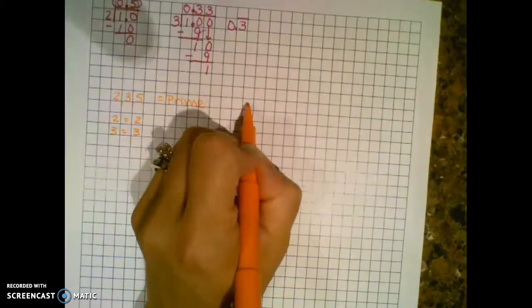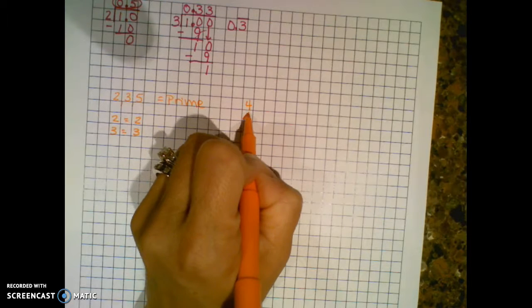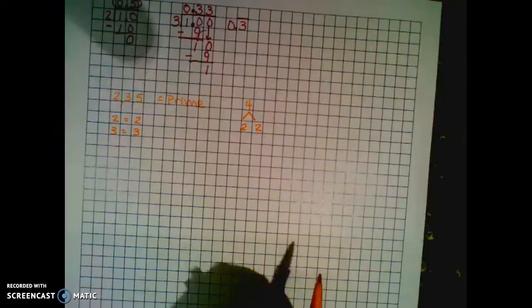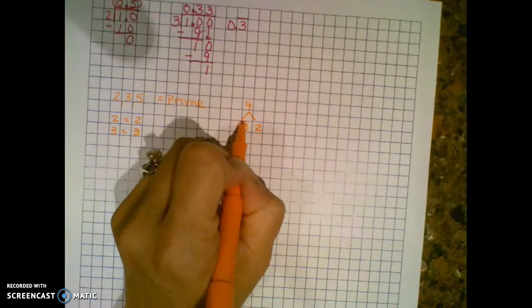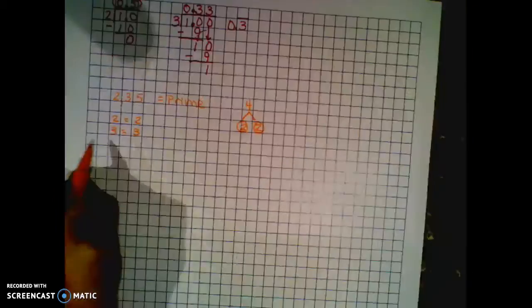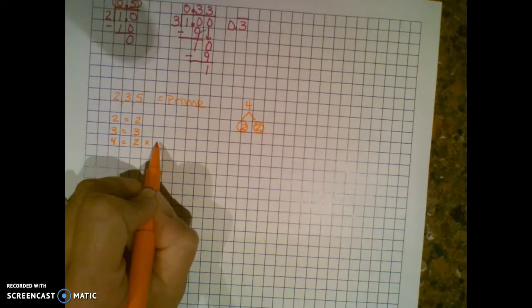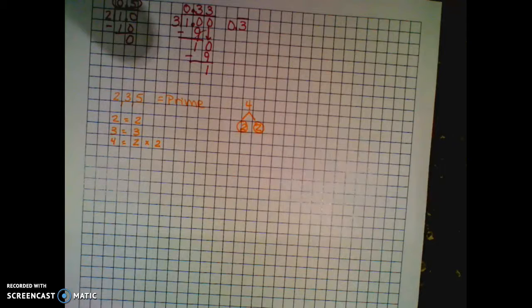But when you get to 4, remember doing these factor trees? 4 is 2 times 2. Since 2 is prime, I can circle them. So the prime factorization for 4 is 2 times 2.